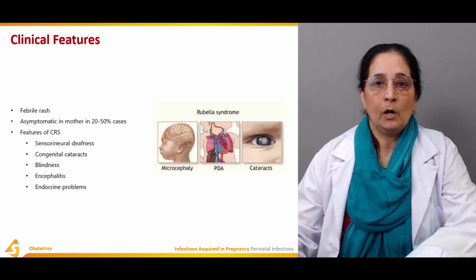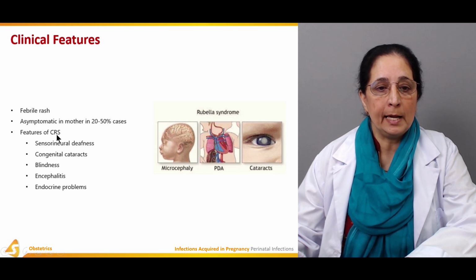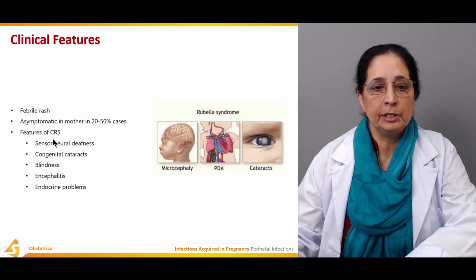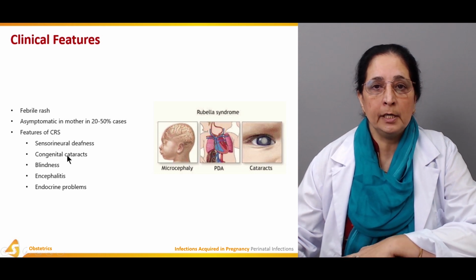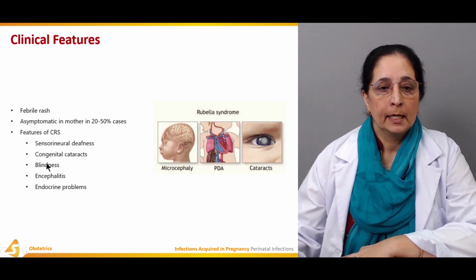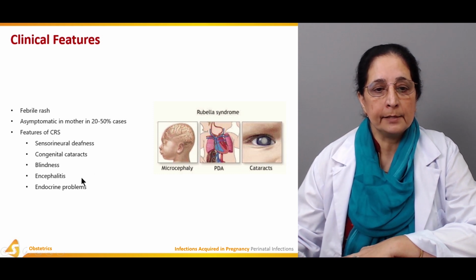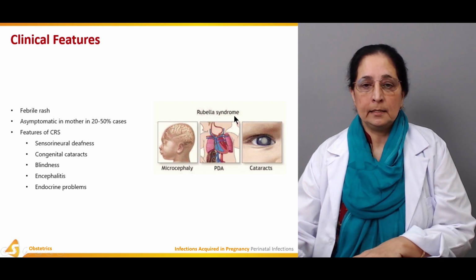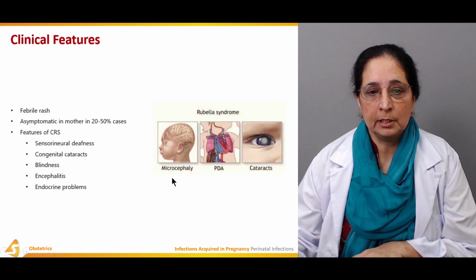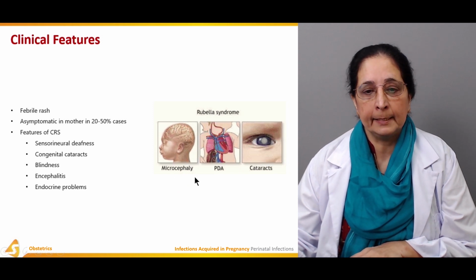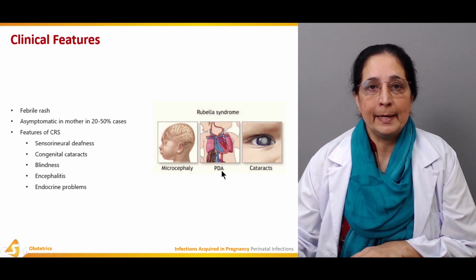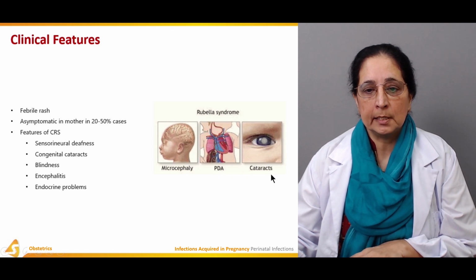The features of congenital rubella syndrome, CRS, are usually sensorineural deafness, congenital cataract, blindness, encephalitis, and endocrine problems. These are also the presentations: microcephaly, PDA, patent ductus arteriosus, and cataract.